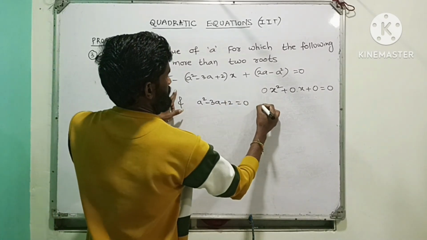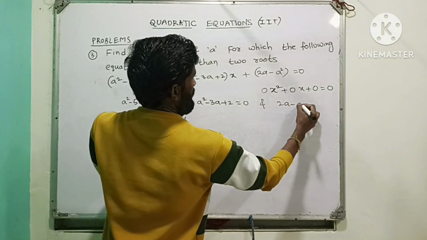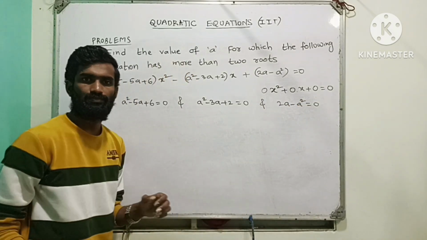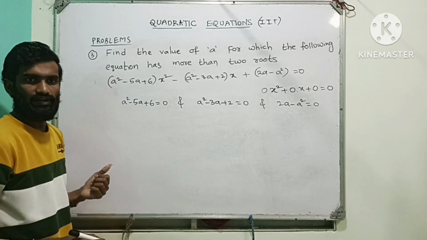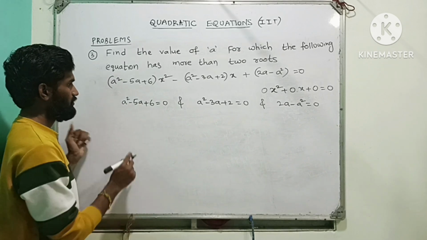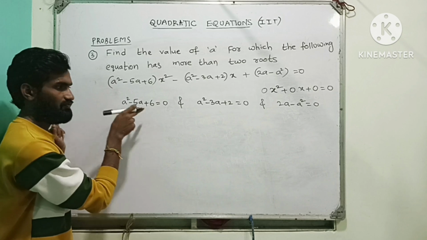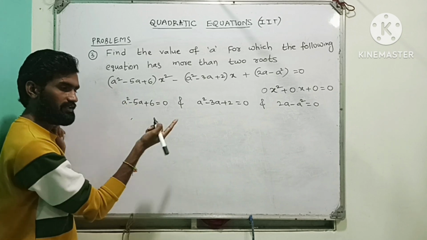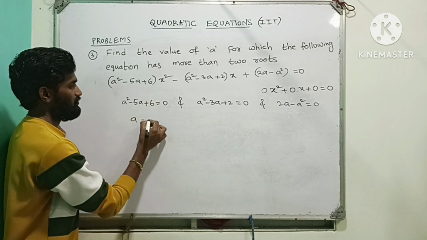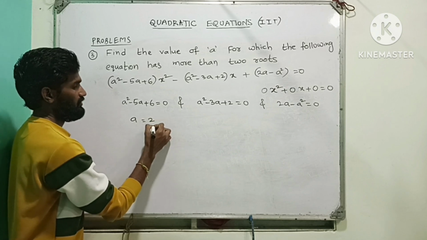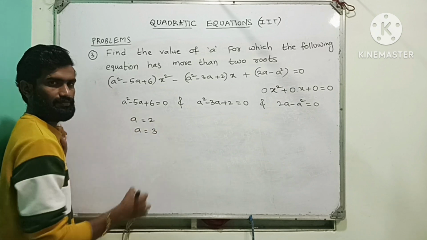And 2a minus a square is equals to also 0. Now try to find the value of a in this. Already we know x square minus 5x plus 6. For this we got x equal to 2 and 3. Means a is equals to 2, a is equals to 3.